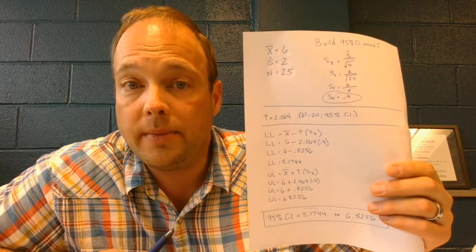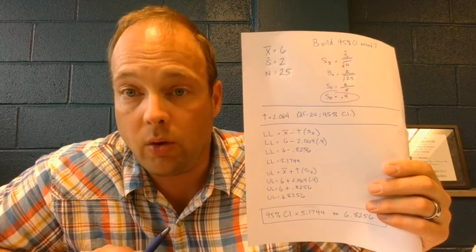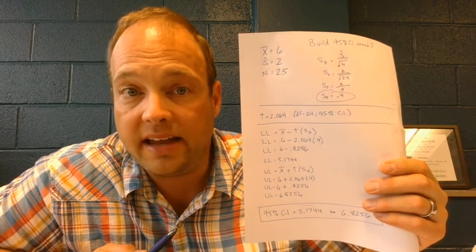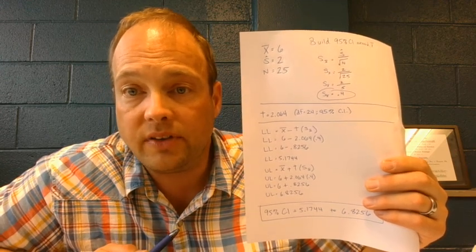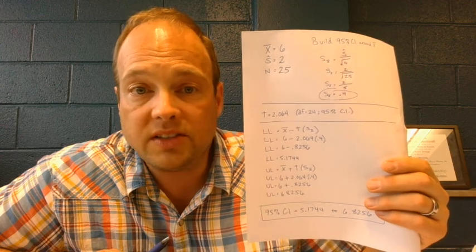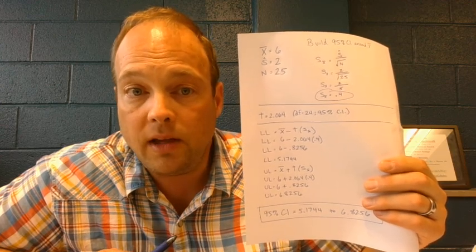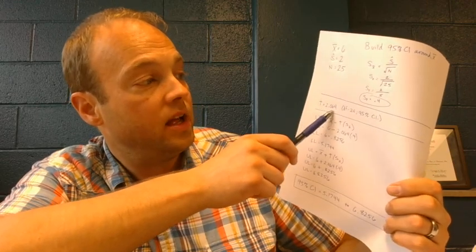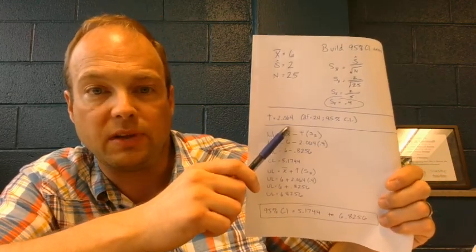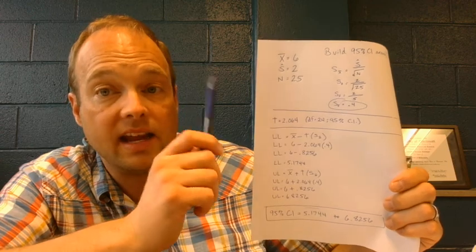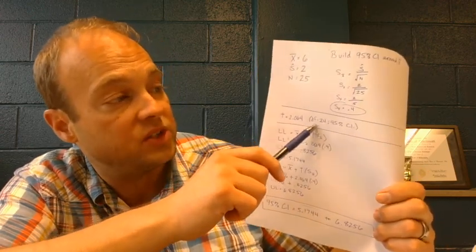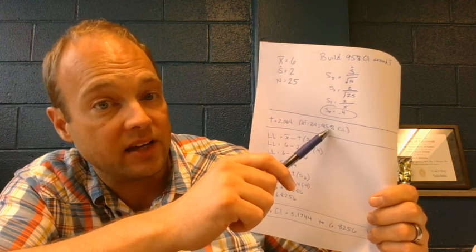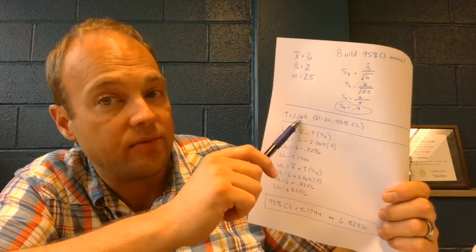The degrees of freedom in this case would be n minus 1, or 25 minus 1, or 24. And the task at hand is 95% confidence intervals. So go ahead and pause this video, consult your t-table, and verify that the t-value should be 2.064, which I've just placed here. A t of 2.064 is associated with 24 degrees of freedom and 95% confidence intervals. That's where that value came from.